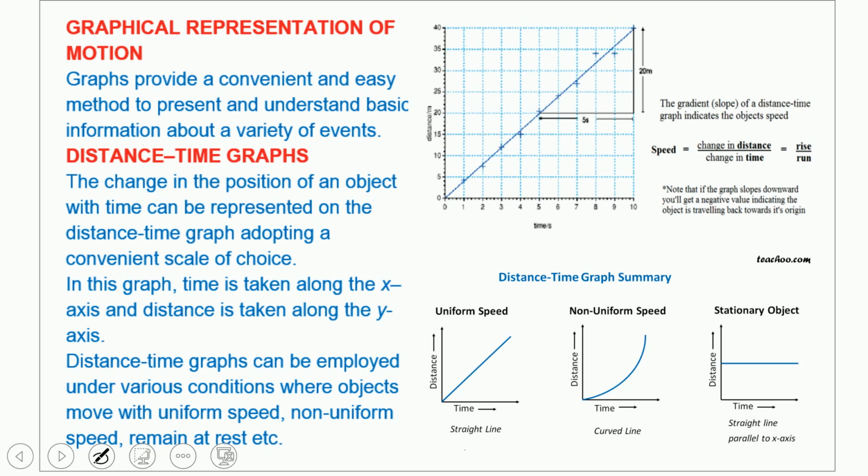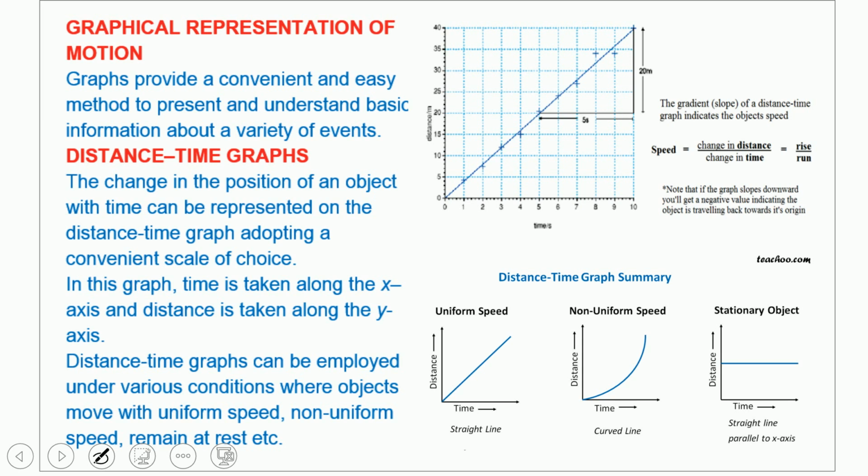In cricket, graphs are shown in between. The purpose is so that we can easily understand how the changes are. While showing numbers, it won't be very easy to understand, but while seeing the graph, we know this over scored much, this over scored less. So graphical representation is always easy for understanding. Here, the first is the distance-time graph.